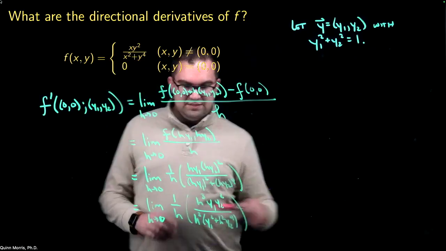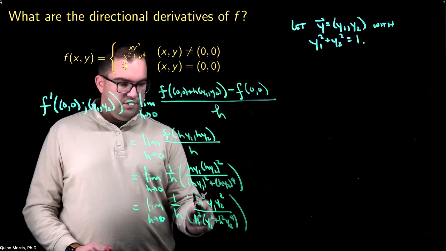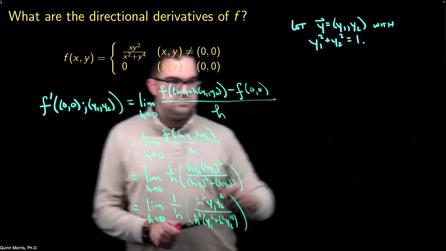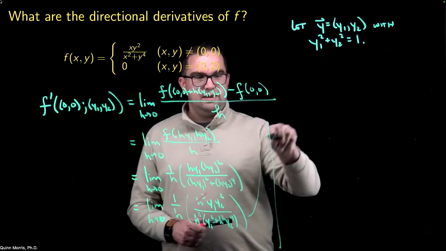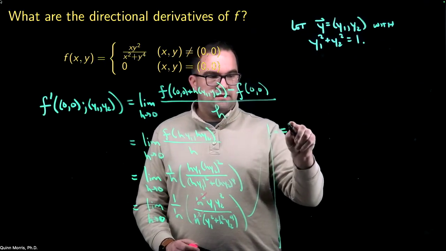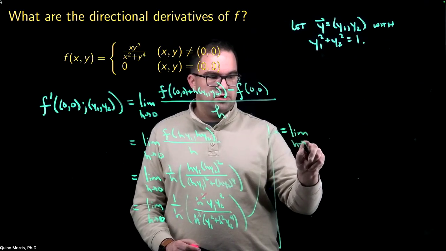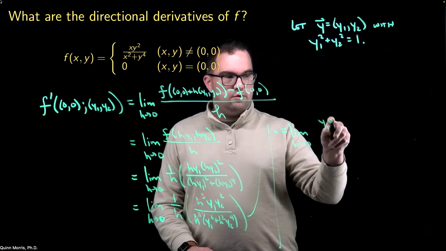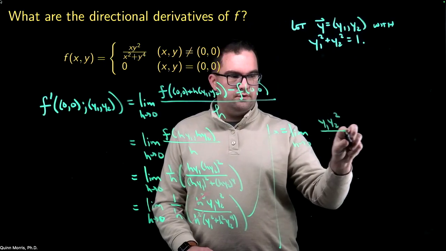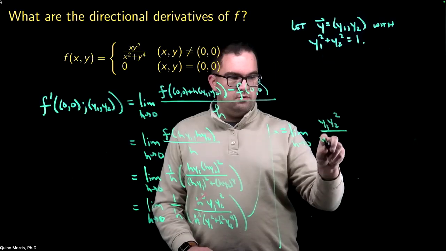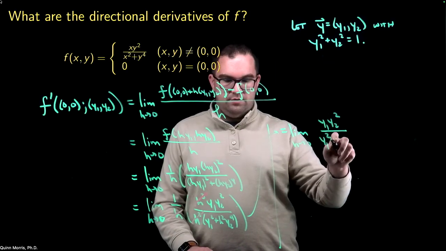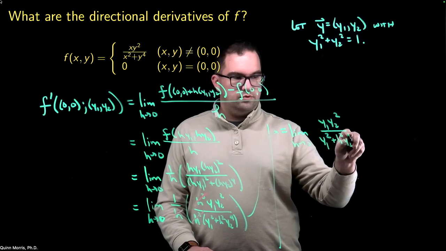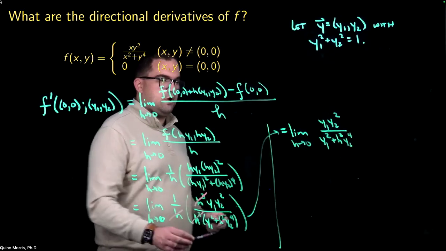One of the nice things is that I have an h cubed in the numerator, and an h squared and an h in the denominator. Those all cancel out. So this ends up being the limit as h goes to 0 of y1 y2 squared divided by y1 squared plus h squared y2 to the fourth.